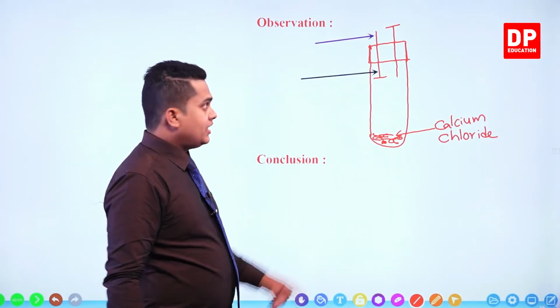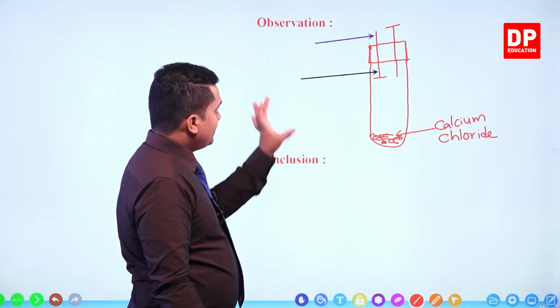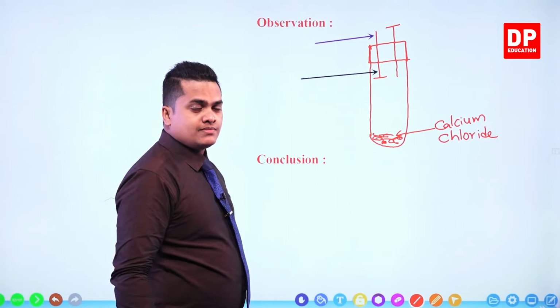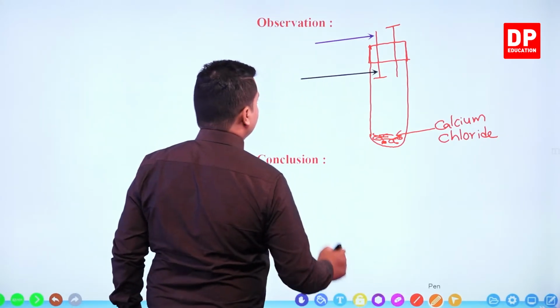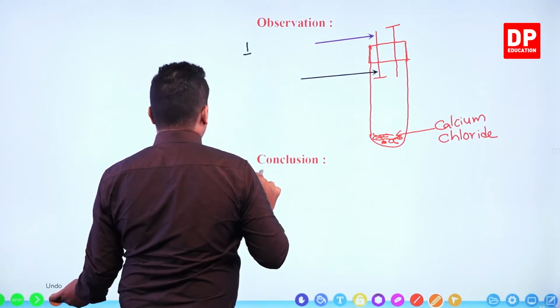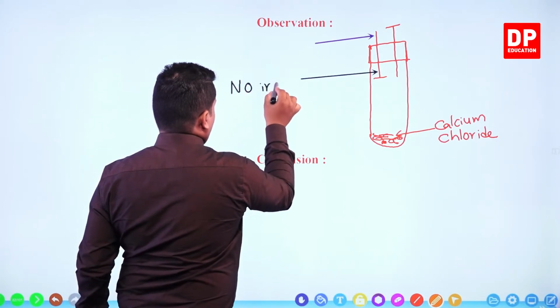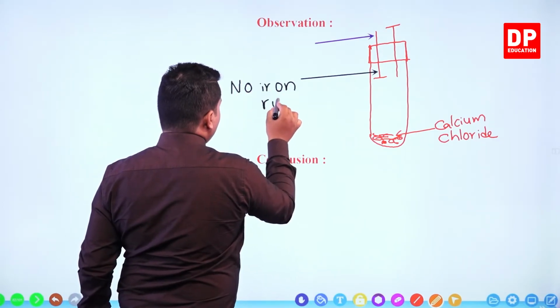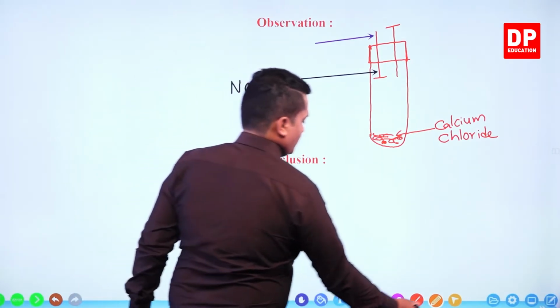In the blue color area you could observe iron rust, but in the black color area you can't observe iron rust, right? So we'll write down the observation then. No iron rust.